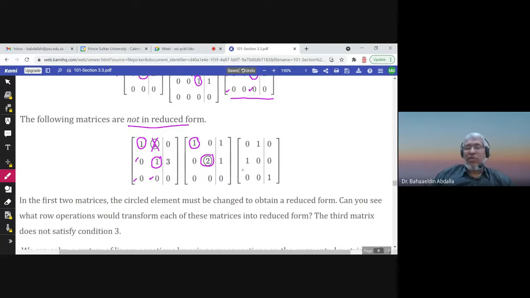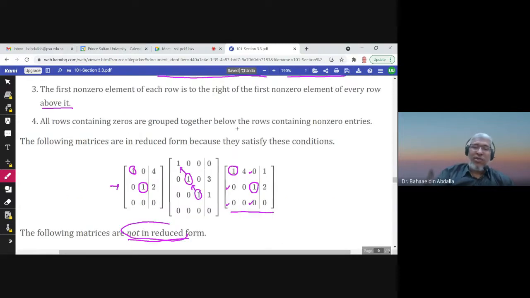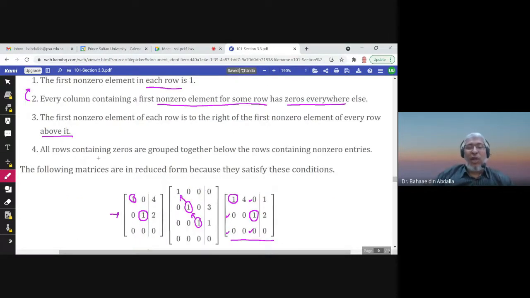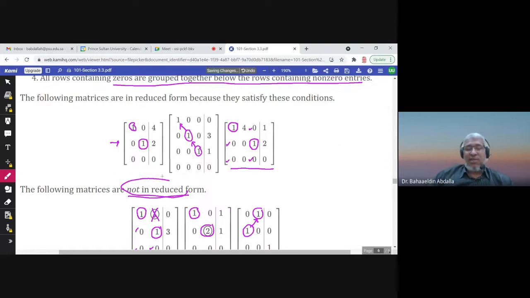So this matrix satisfies condition 3. Now look here at this matrix. This 1 in the second row is not to the right of this one, so this matrix is not in the reduced form. I hope that this condition is also clear. All rows containing zeros are grouped together below the rows containing non-zero entries. So the zero rows, if there is a row of all zeros, it has to be at the bottom.